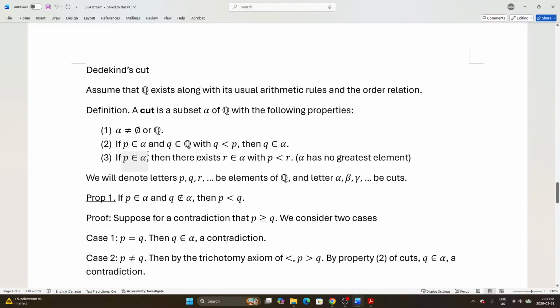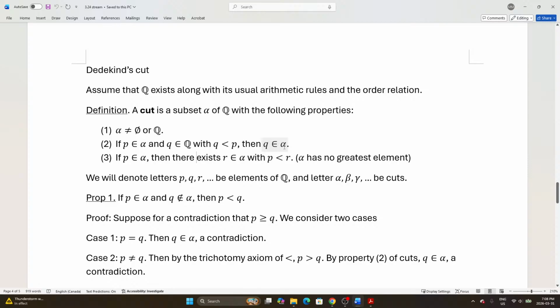The second property is that if p is in alpha and q is another rational that is less than p, then q is immediately in alpha. So if p is in alpha, then every rational to the left of p is automatically included in alpha.